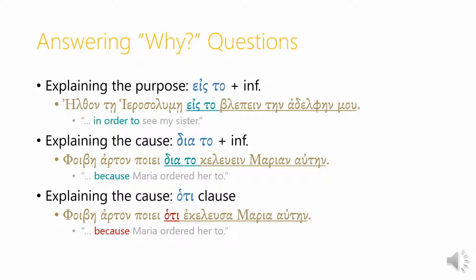Notice here now that instead of using an infinitive and having Maria the subject in the accusative case, like we did with the last example, now Maria is in the nominative case and she's the subject of a finite verb. Why? Well, because hoti is a subordinating conjunction that is just followed by a regular clause, whereas dia ta introduces an infinitive clause as part of the prepositional phrase.